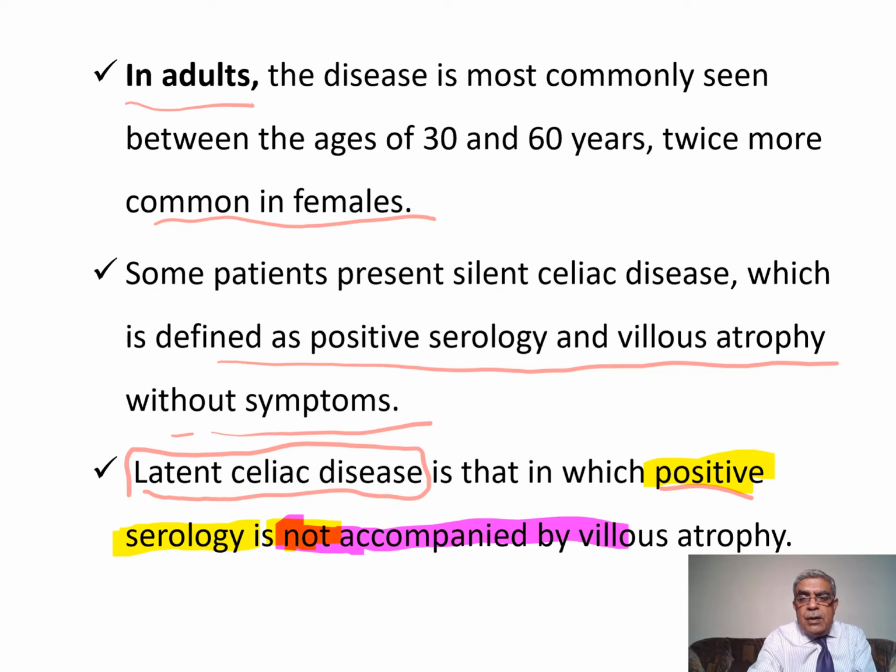We call it latent celiac disease. Silent celiac disease: positive serology, positive histological findings, that is villus atrophy. Latent celiac disease: positive serology, not accompanied by villus atrophy.